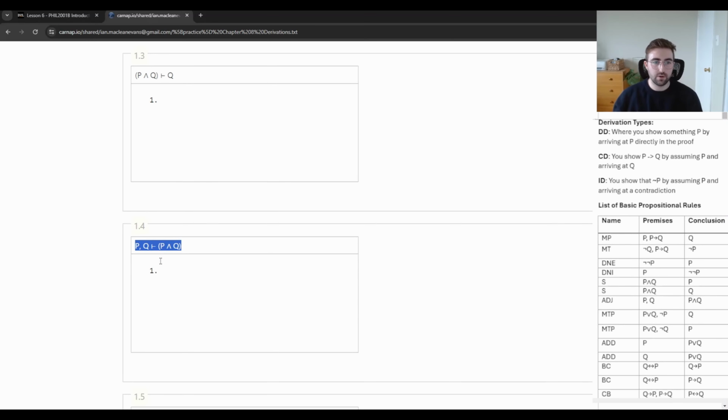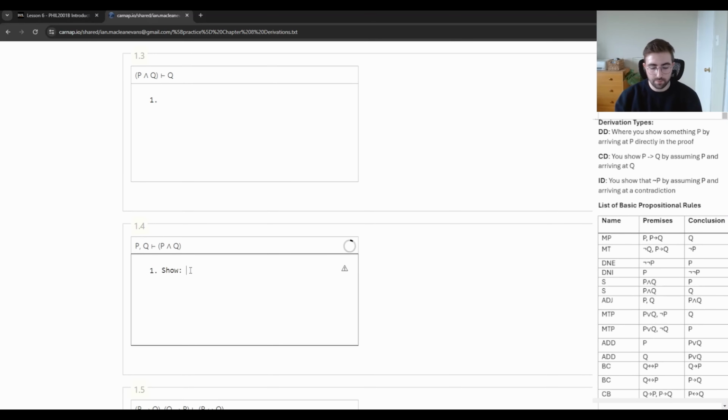So let's look at 1.4 here. We want to show, as usual, P and Q. We have P as a premise. We have Q as a premise. So you'll remember we just learned our AND rules, right? So if we want to introduce an AND symbol here, we can use our friend adjunction, where if we know the left side of this AND symbol and the right side of this AND symbol independently, which we do in these premises, we can spit out this AND claim.